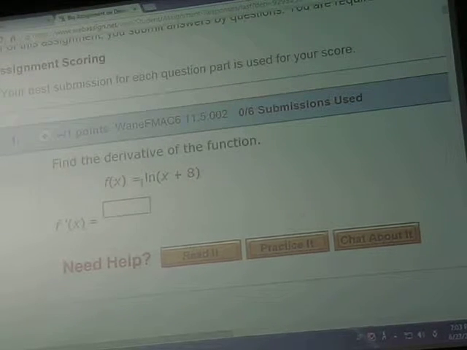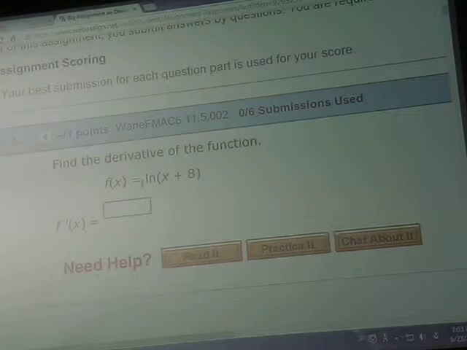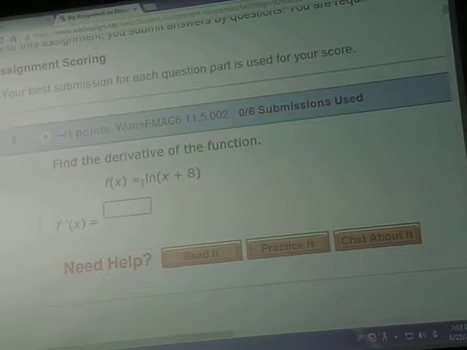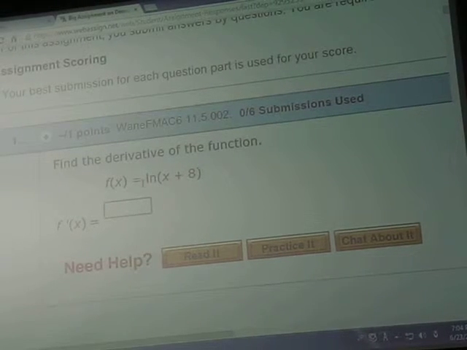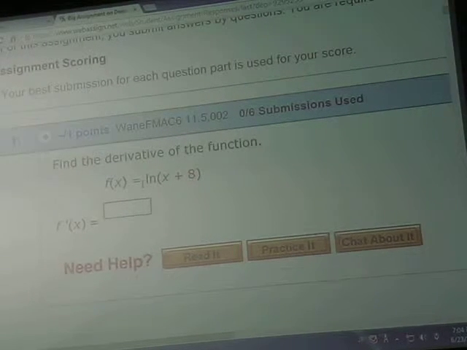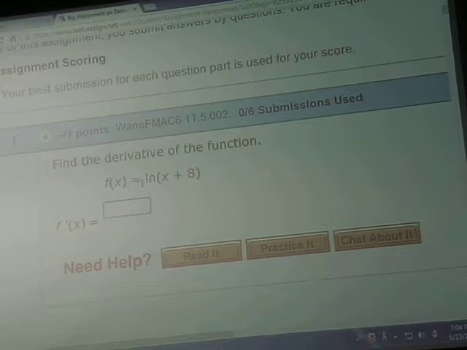X plus 8. So they called f the whole thing, but in this notation here, f is ln, right? I want to use this here, so the outside is f, so that's ln, and the inside is what? X plus 8.